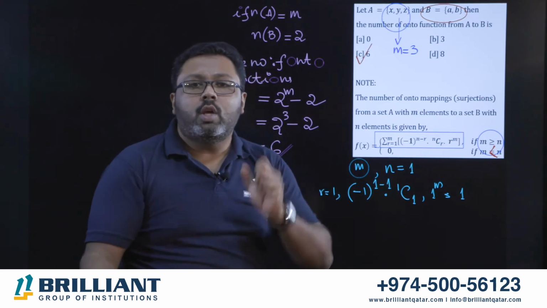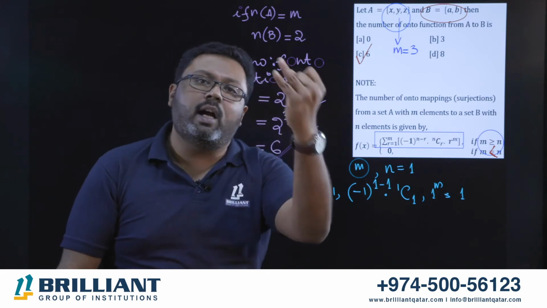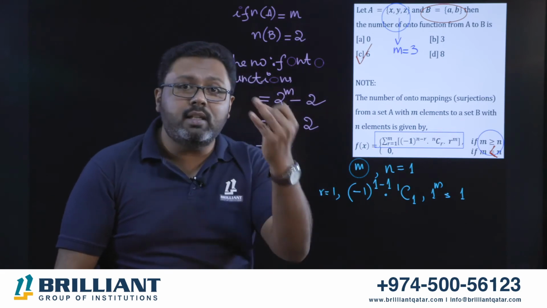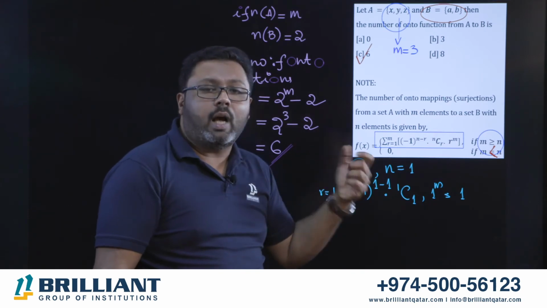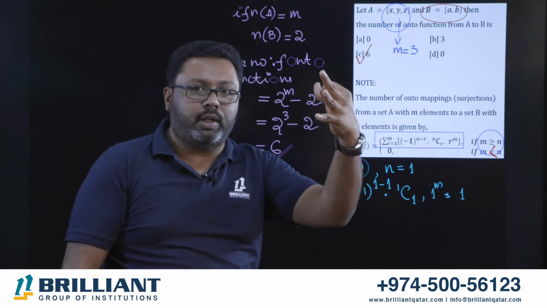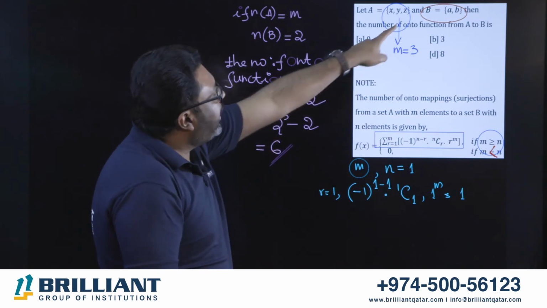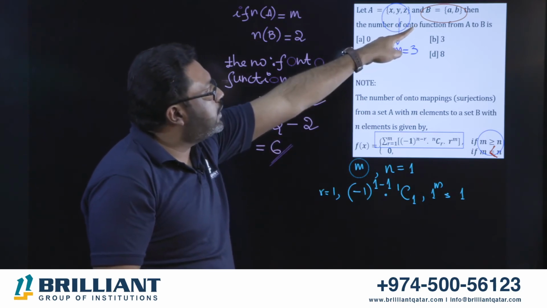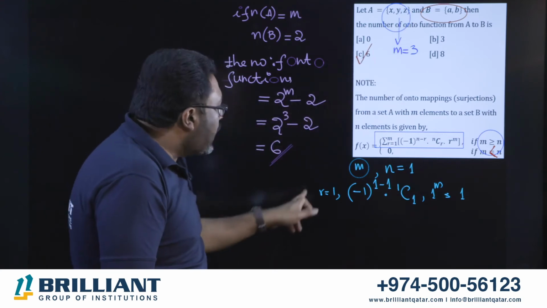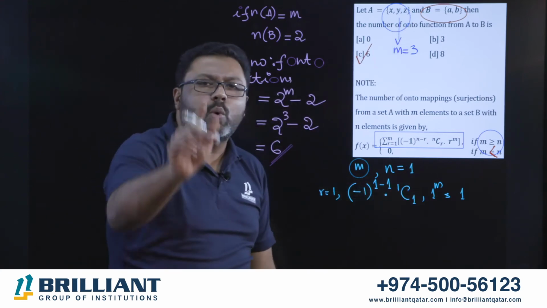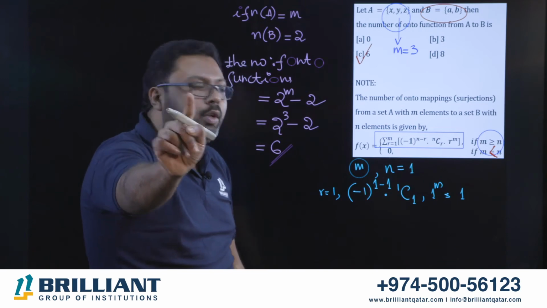N is equal to 2, you have to consider both r is equal to 1 and r is equal to 2. N is equal to 3, you have to consider r is equal to 1, r is equal to 2, r is equal to 3. So, if the second set consists of only one element, the number of onto functions is only 1.